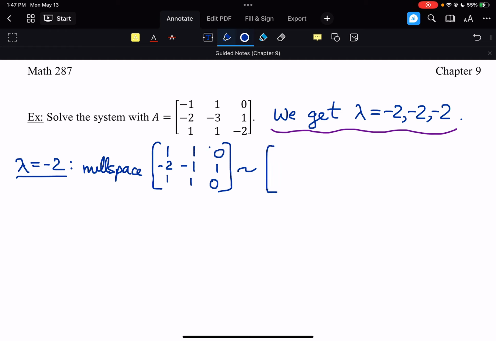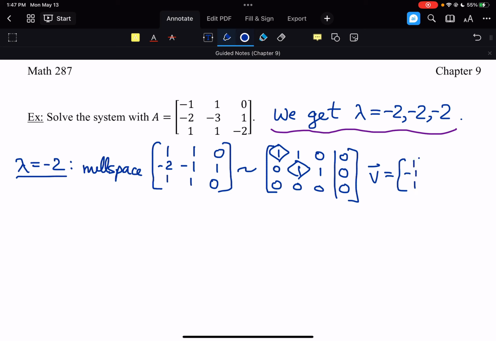Notice the first row completely will eliminate the third row, and then when we try to add it to get rid of this value, we end up getting 1, 1, 0, 0, 1, 1, and 0, 0, 0, all augmented with the 0 vector for the null space. So we get an eigenvector, one free variable, that gives us the t, subtract that's -t, and then that becomes a negative, so we add, that gives us positive t, so we get 1, -1, 1. So we have only one eigenvector.